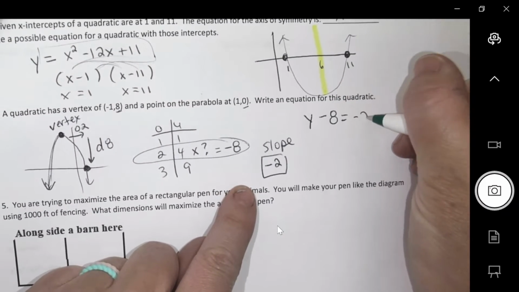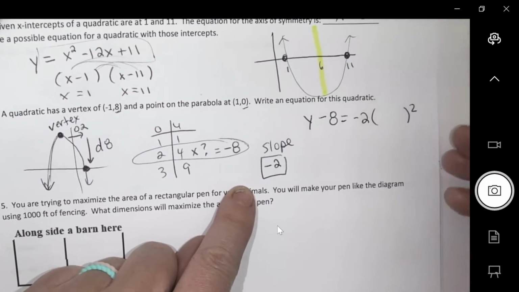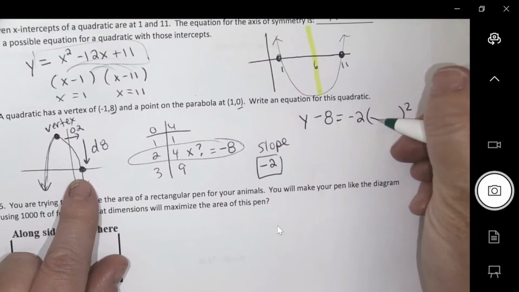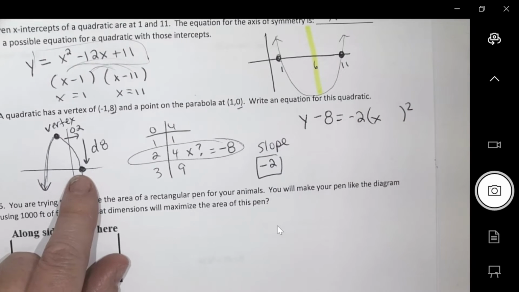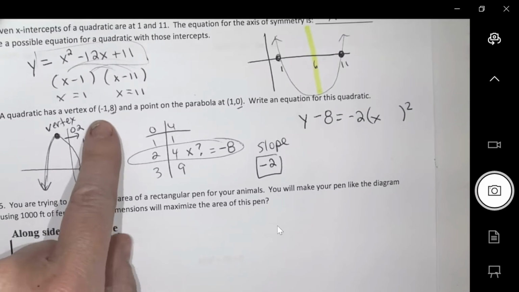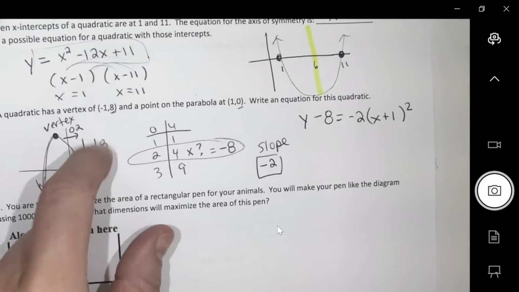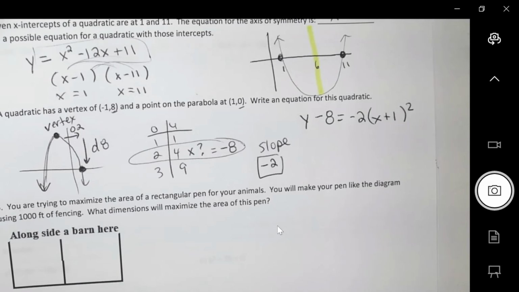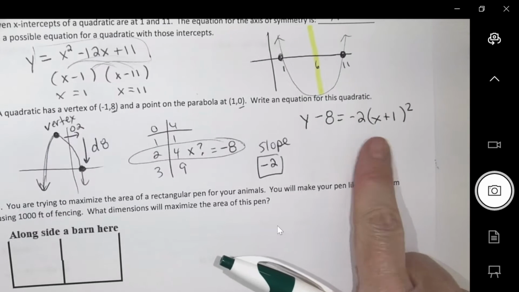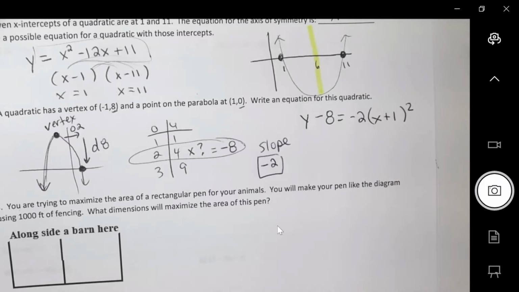And then -2 x, and then the opposite of the x. So if this was the vertex, +1. Okay, you remember that? So now I know my vertex and my slope. And you always leave the x and y open because there are a lot of other x's and y's.